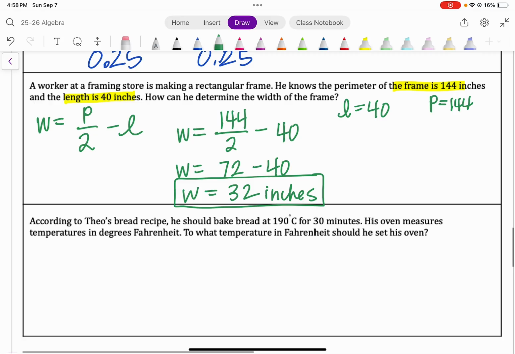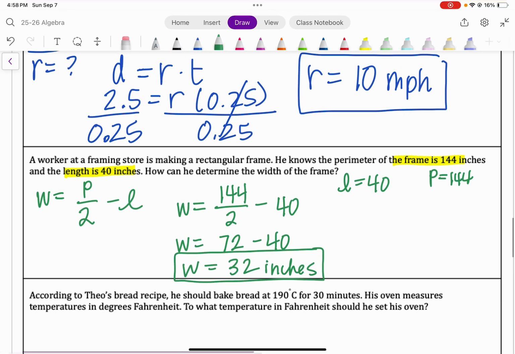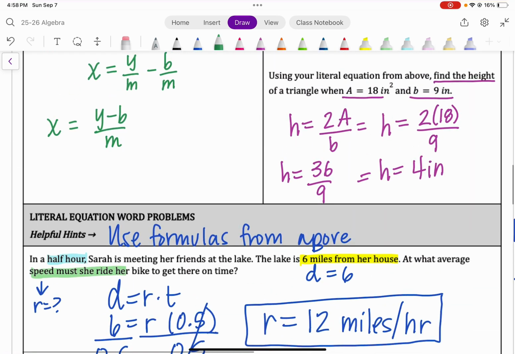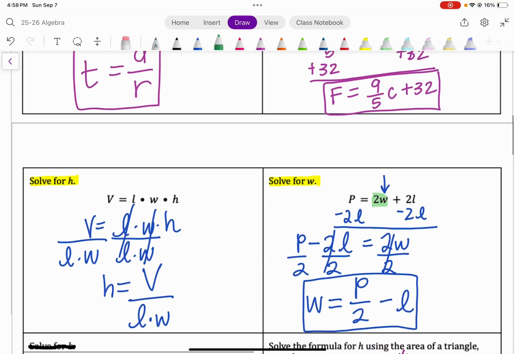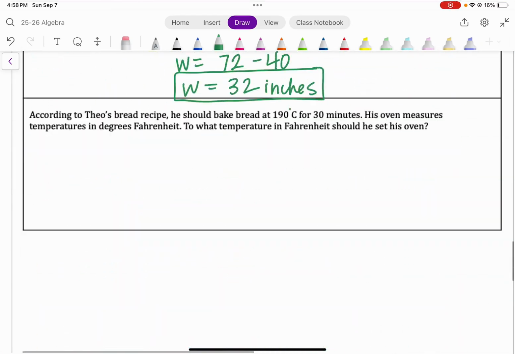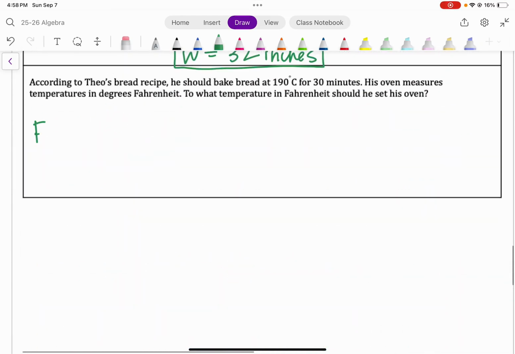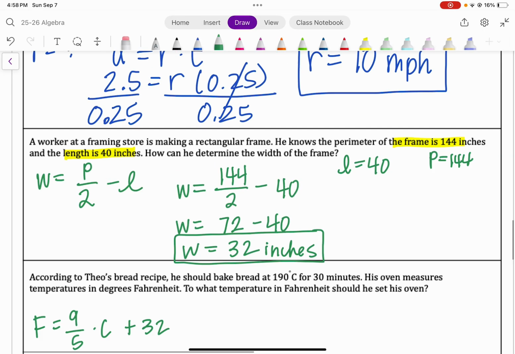Okay, and the last one is converting from Fahrenheit to Celsius. So let's go up and look at that formula. F equals 9/5 times C plus 32.